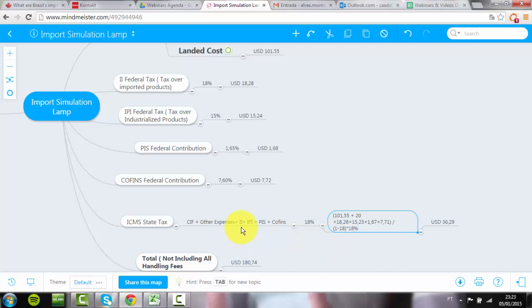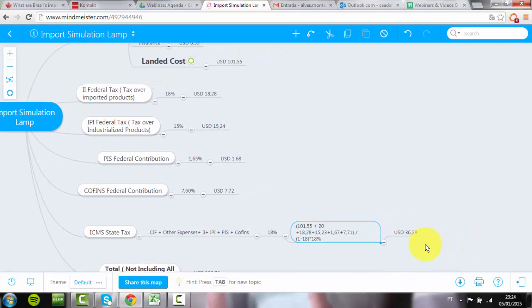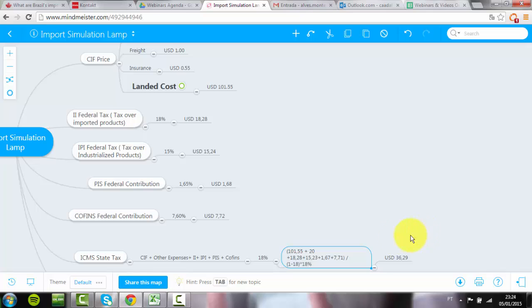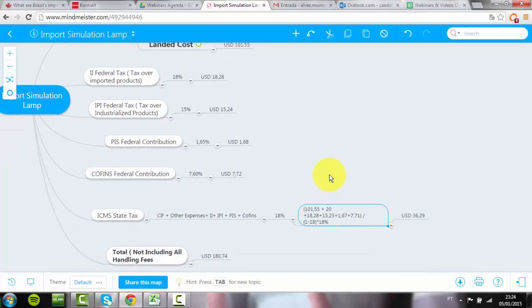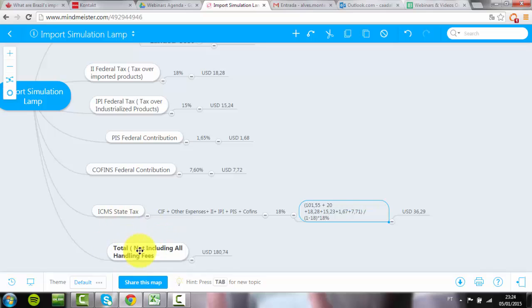Then you include the other taxes as we calculated previously. Then you divide by 100% minus 18%, which is the value of this tax for São Paulo, and so you find an amount of roughly $36.29 for the ICMS just in the state of São Paulo.